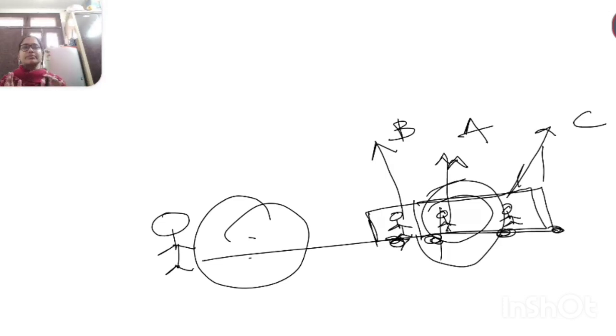So that's why we say motion is always described with respect to the observer. This is what I want to explain.